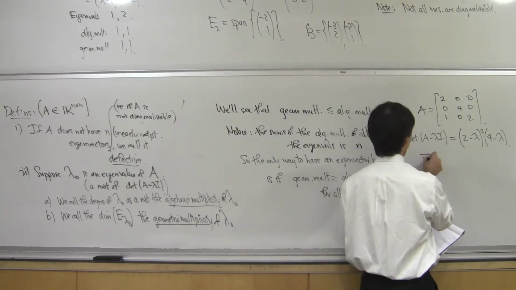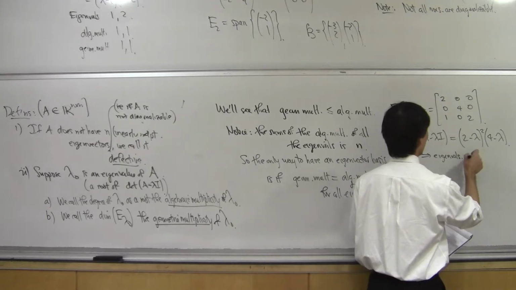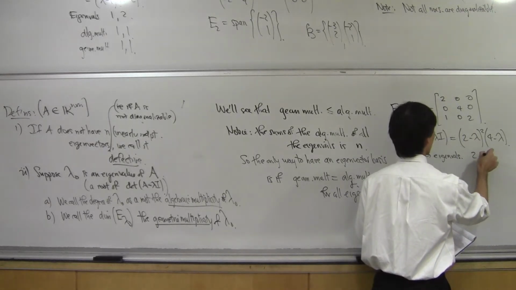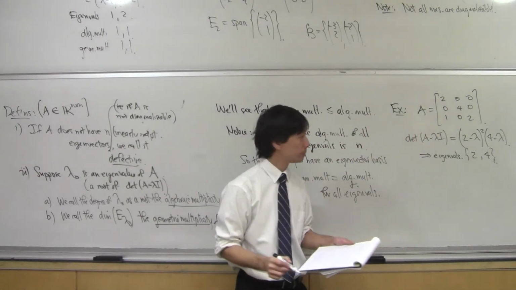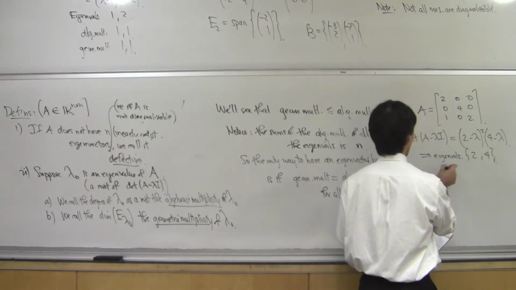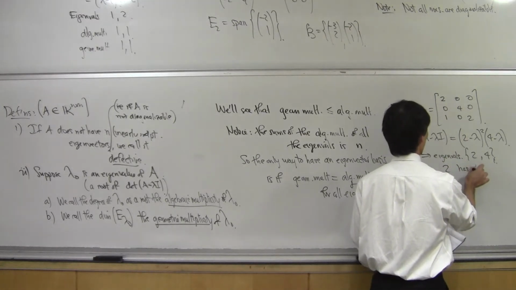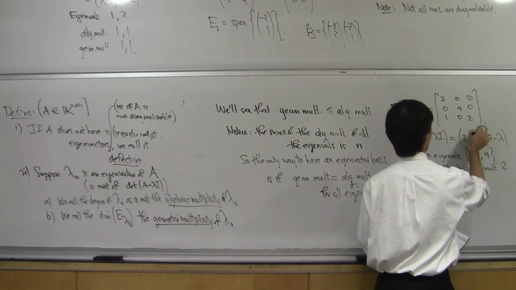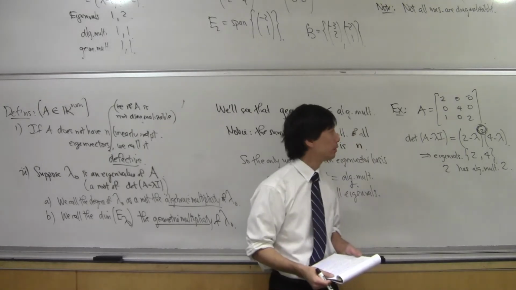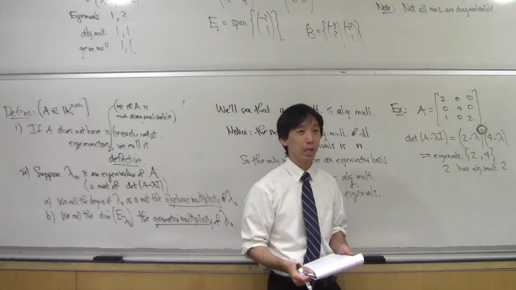And so the eigenvalues are 2 and 4. The eigenvalue 2 has algebraic multiplicity 2, and 4 has algebraic multiplicity 1.